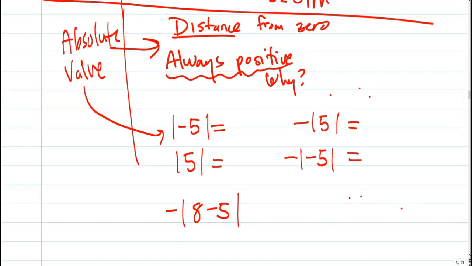Distance is always positive. If I drive my car to LA, and I drive 150 miles, that is a positive distance. If I feel like a smartass and I throw my car in reverse and I drive 150 miles, it does not mean I went negative 150 miles. That's utter nonsense, right? Distance is always positive.